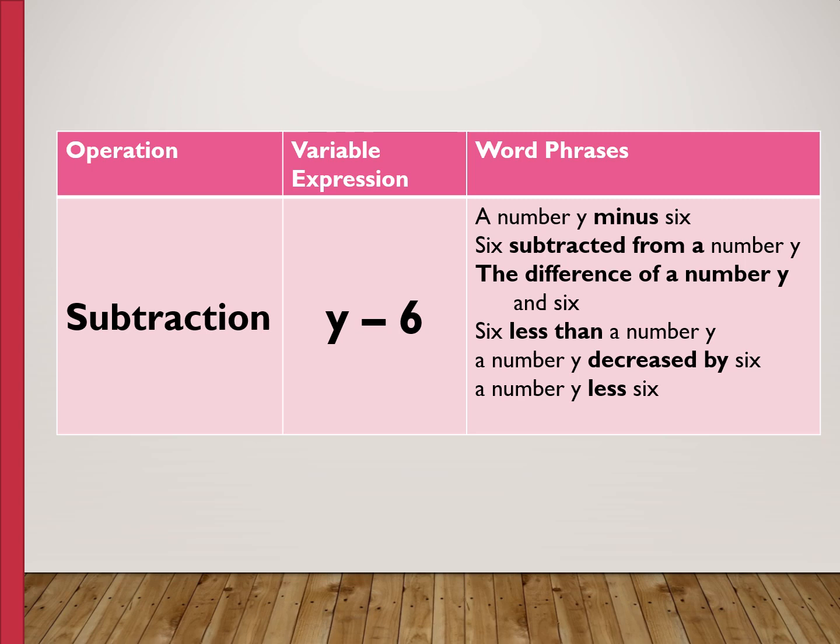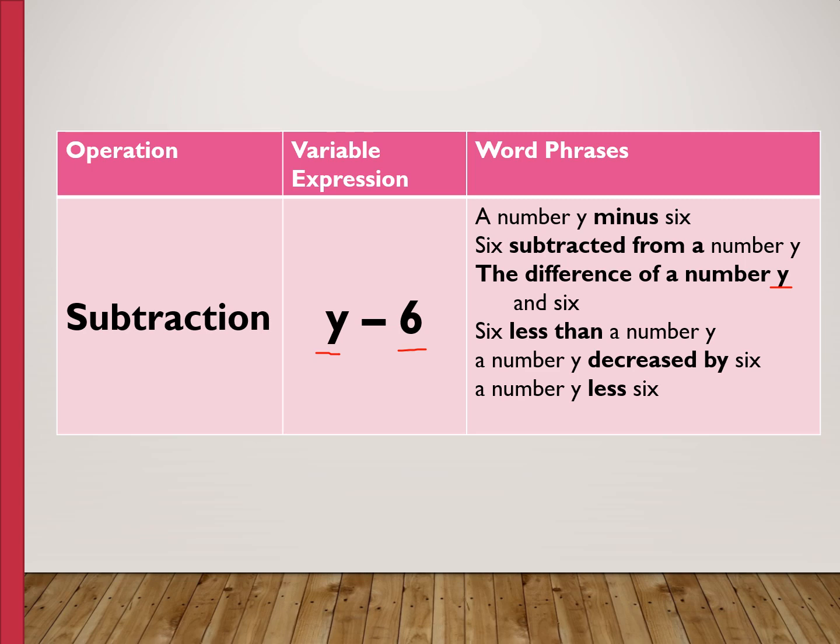The difference of the number y and 6. Since we are talking about difference, you are going to use the operation subtraction. If you notice, the order is very important. It cannot be 6 minus y. So you have to read carefully the word phrase given so you can translate it into a mathematical phrase.